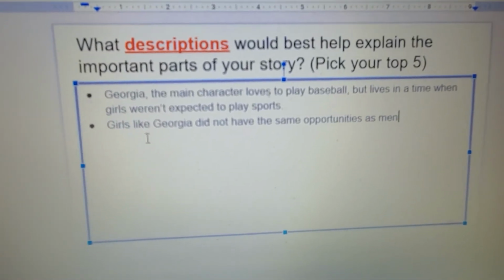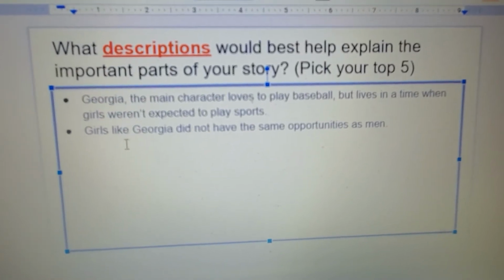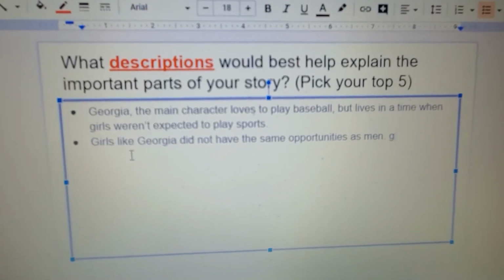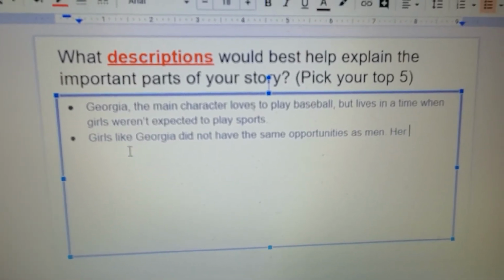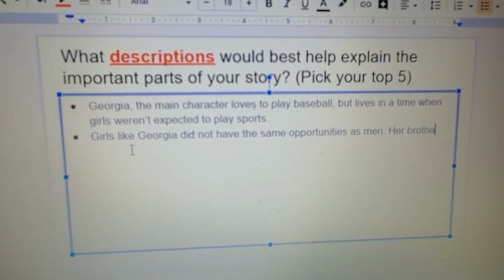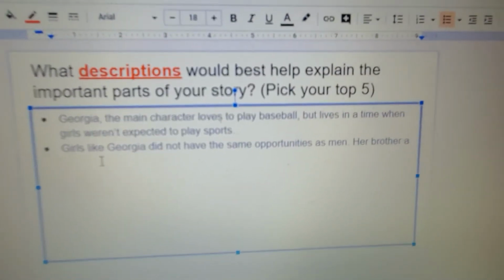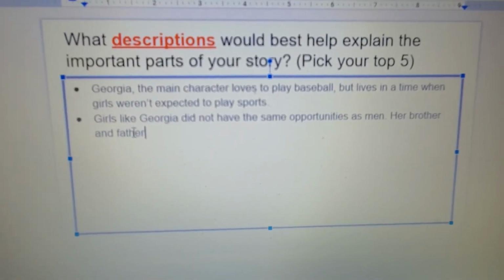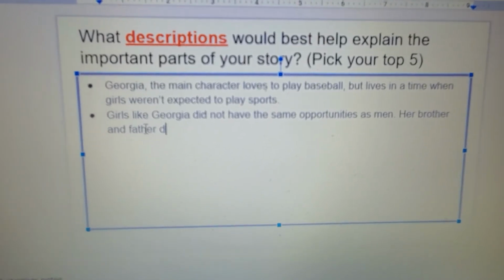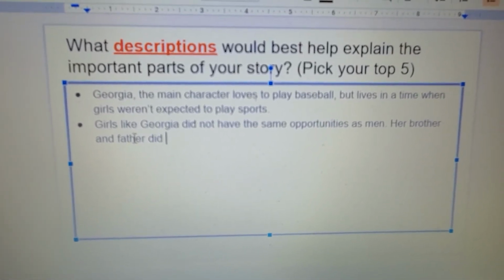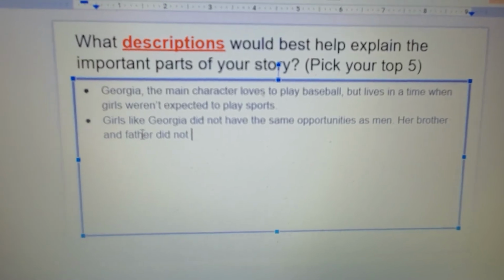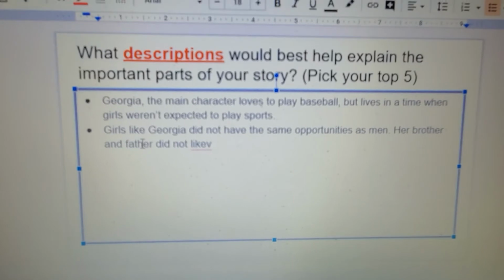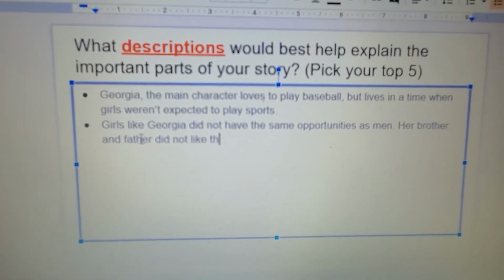And I would put maybe something like, Georgia's brother and father did not like that she played baseball.